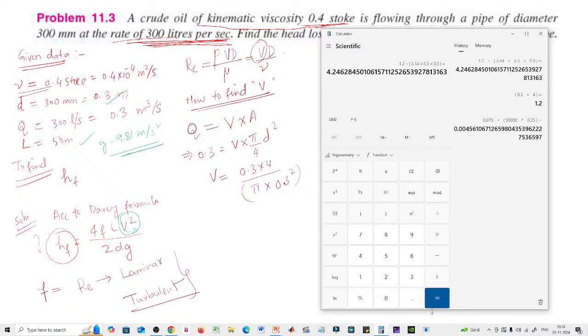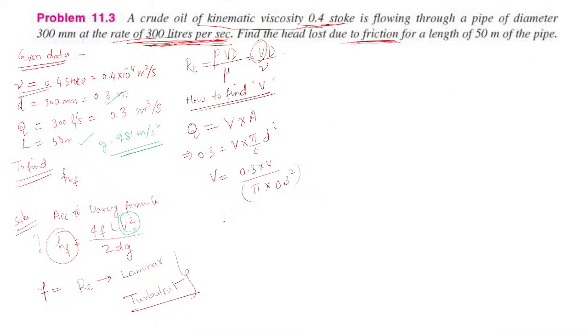So here I am getting the velocity as around 4.246, okay? Are you getting the same? 4.246. I hope all are waiting for me to solve and give the answer, I believe.